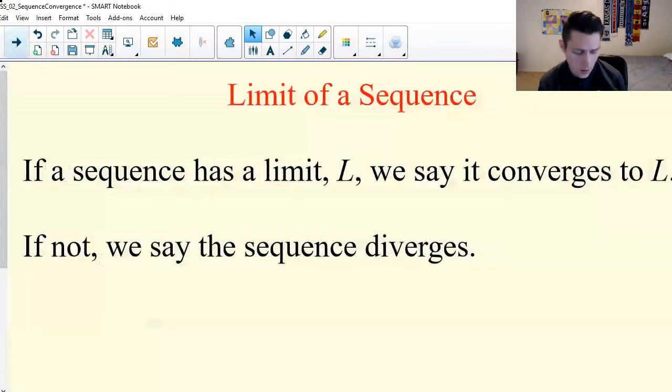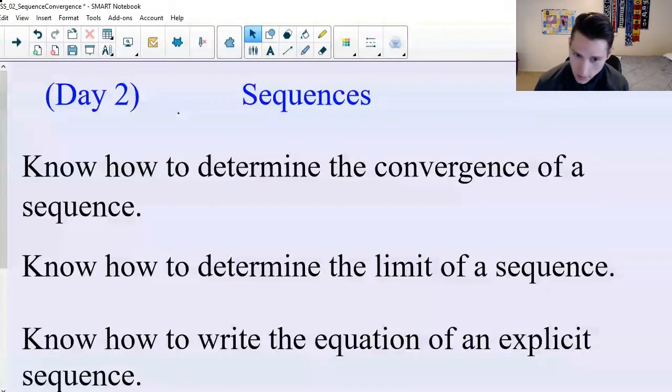So for today, we're going to talk about sequences converging. So converging, a nice vocab word that we know from talking about limits. And if a limit converges, right, we actually get some number, some version.